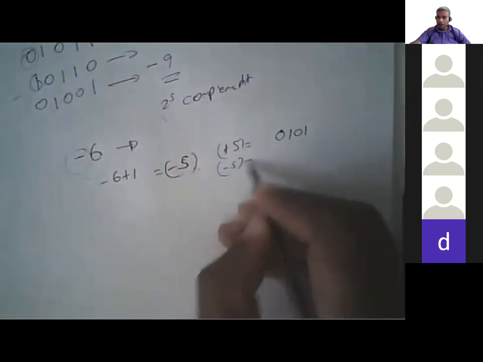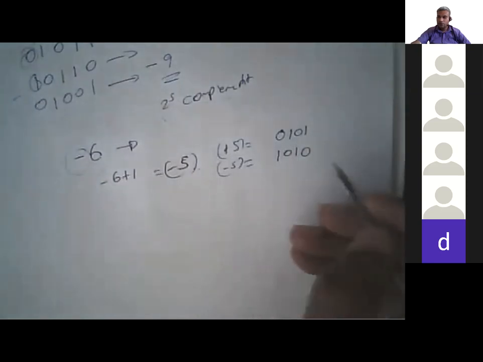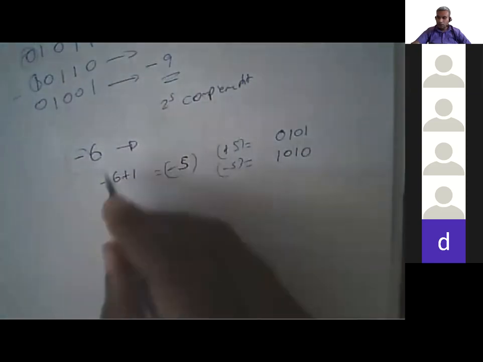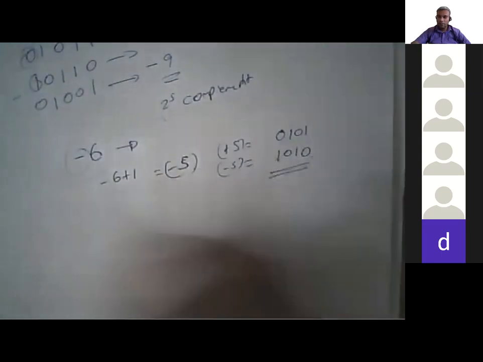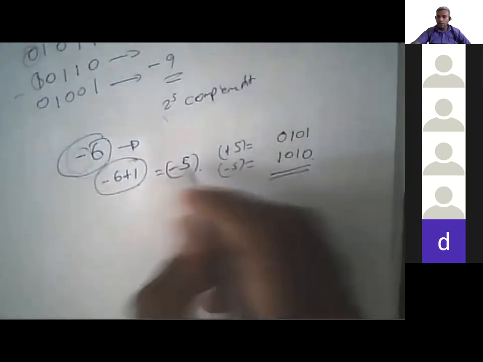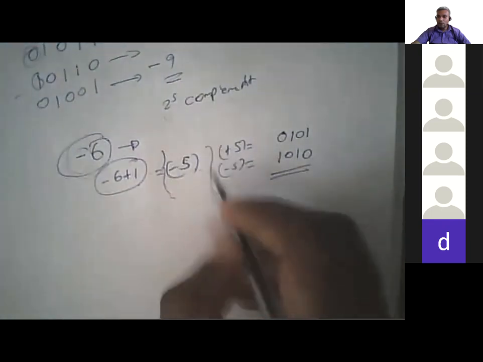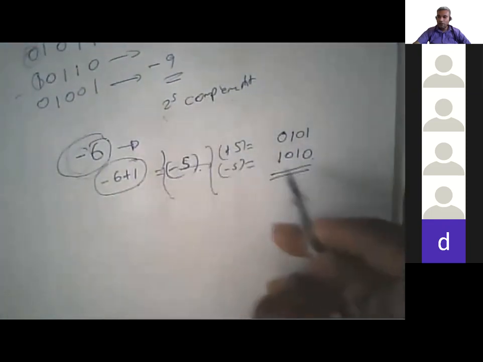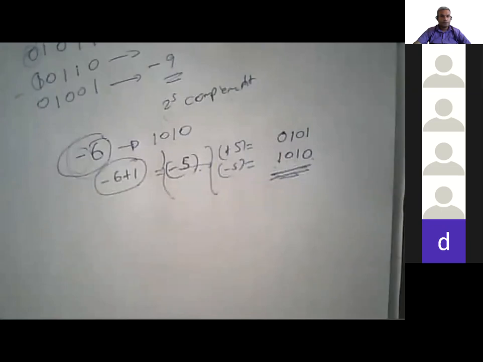So the -5 in ones complement is 1 0 1 0. So my answer is 1 0 1 0. If you remember this step, this is the number. We add 1 to the number. Then we took the ones complement of that number. So ones complement of -5 is 1 0 1 0. So my answer is 1 0 1 0.